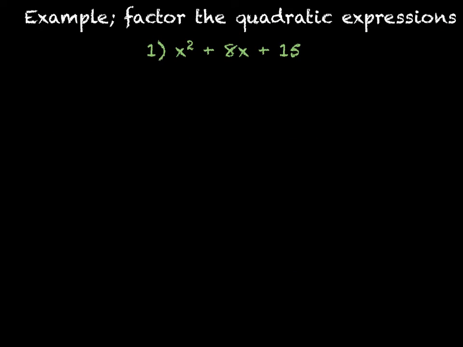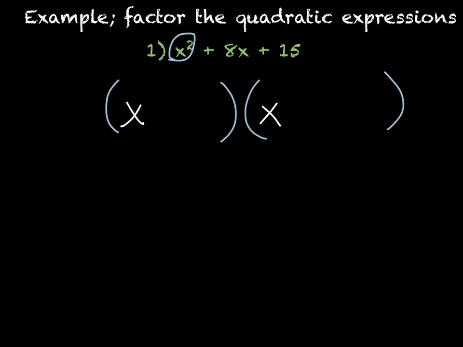So we're going to do some examples here where we're just factoring the quadratic expressions. So I know that my final answer, I need to have something in parentheses here. And I know for my x squared here, I'm going to put x and x, so that if I were to multiply back out, I would get x squared.